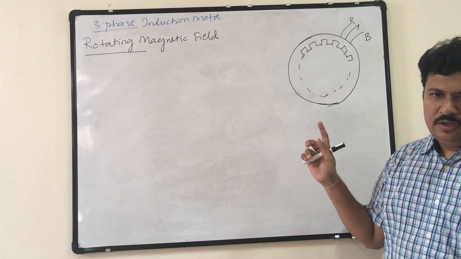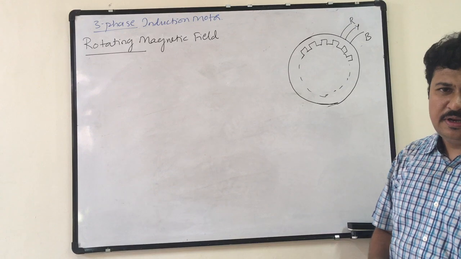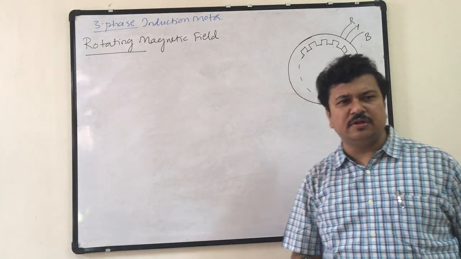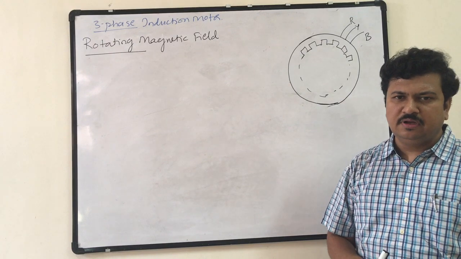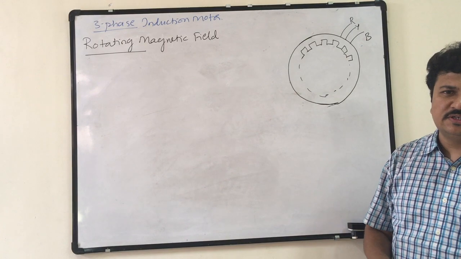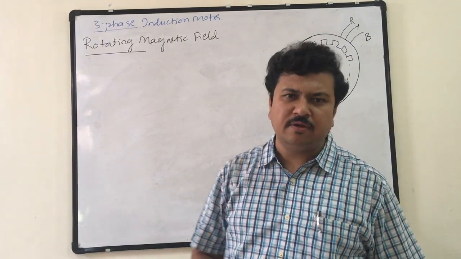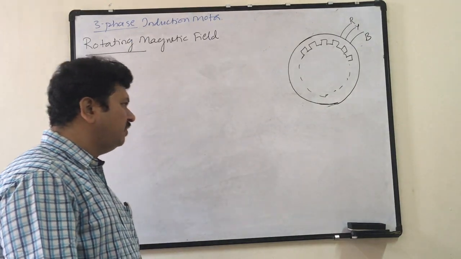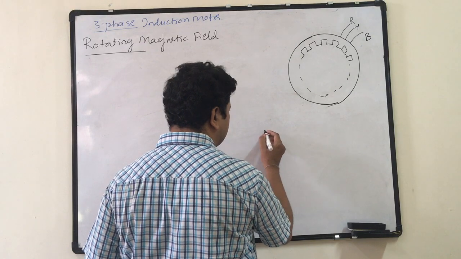Now, I have a three-phase supply and I know that between any two currents or any two voltages, the phase angle is 120 degrees. Therefore, between any two fluxes, the phase angle will be 120 degrees. So now I will be drawing a three-phase flux.